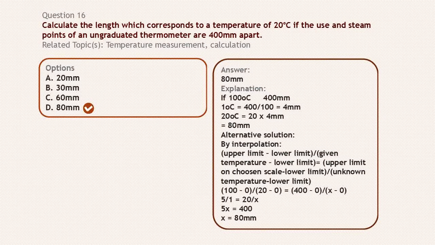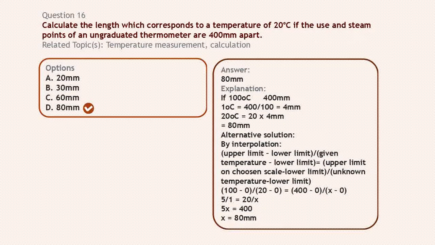Now, we are assuming that the lower fixed point of the standard thermometer is 0 degrees Celsius, and for this thermometer it is also 0. The upper fixed point for the standard thermometer is 100, and for this one it is 400. So we say that 100 degrees Celsius corresponds to 400 millimeter.